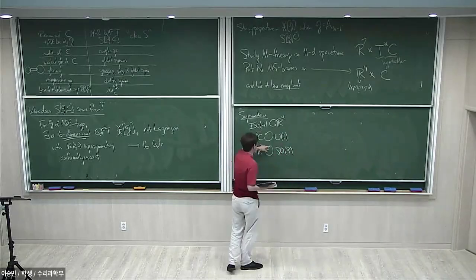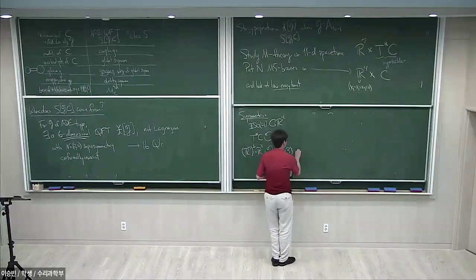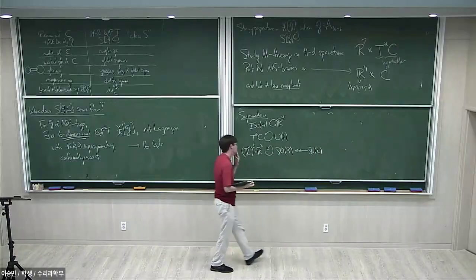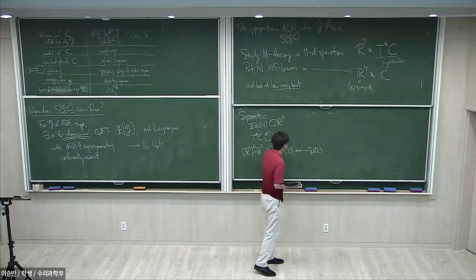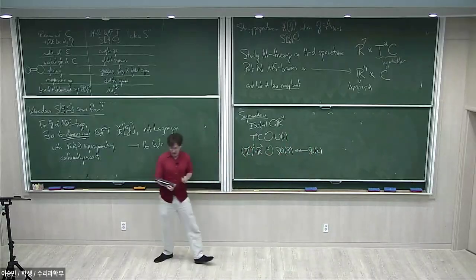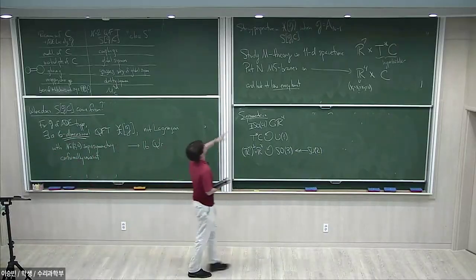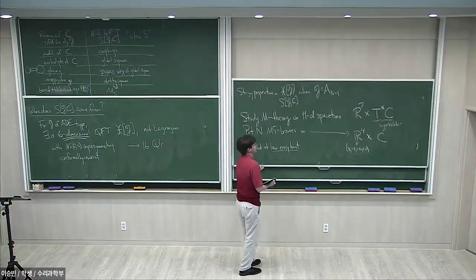But we also have SO3 acting on the transverse R3, or think of that as a Z2 quotient of SU2. So the point is, in this geometric setup, you see a U1 and an SU2, and those symmetries will show up in the field theory. Anyway, that's one stringy perspective on where this class S theory comes from.